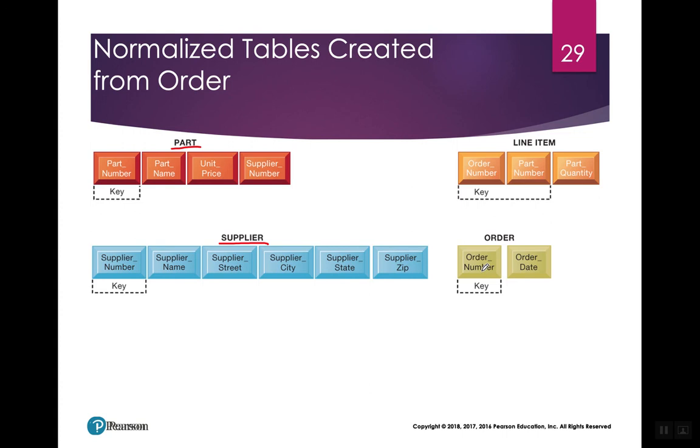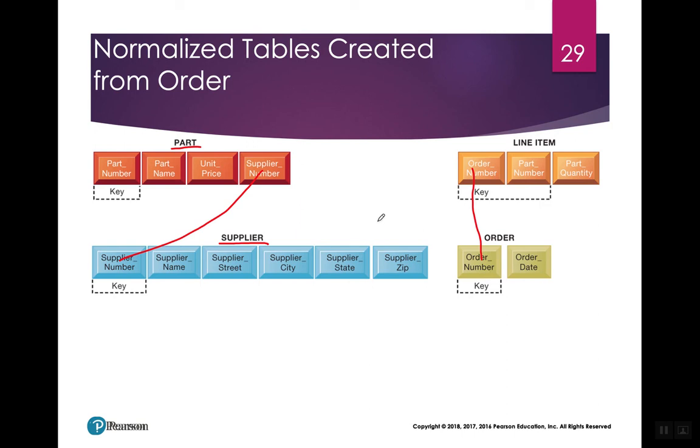So I have a relationship here between the supplier and the part number over the common supplier number field. I have a relationship here between the line item or the order and the line items.